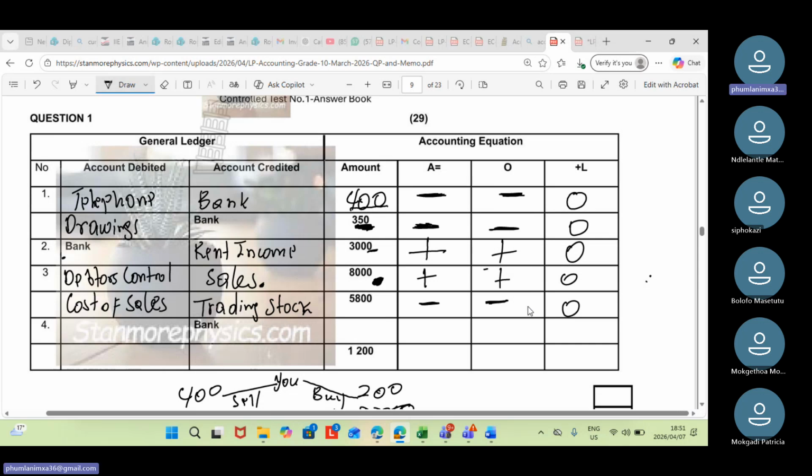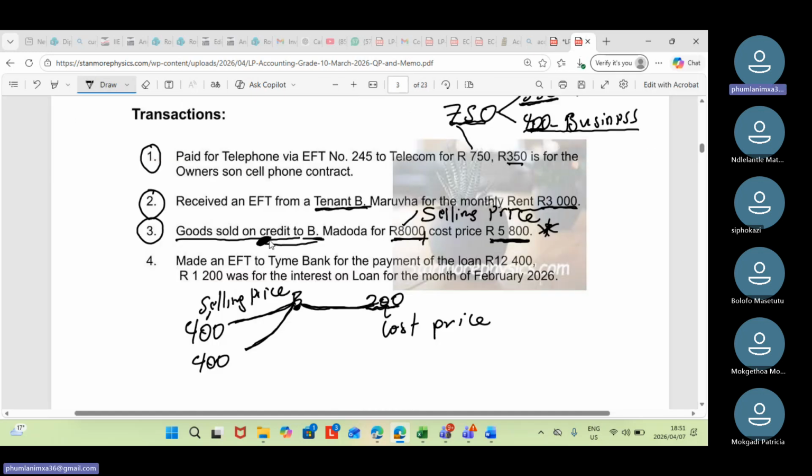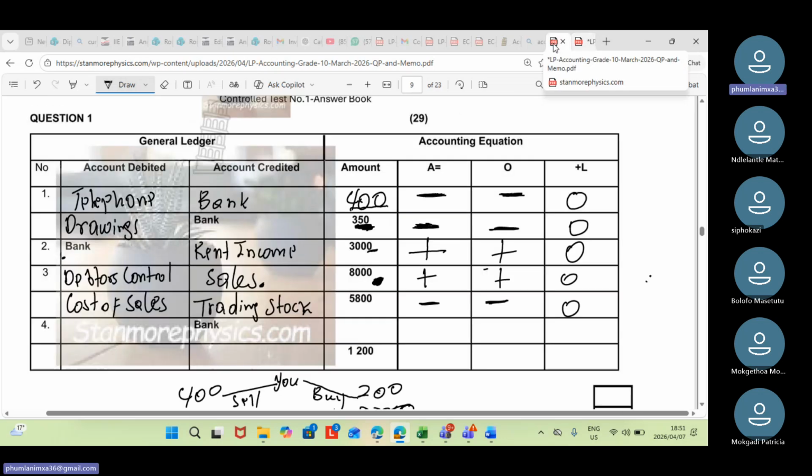So guys, I want to add one more point here. It's either you sell goods cash or credit. But here we sold goods how? Goods were sold on credit. Can you notice that if goods are sold on credit, debtors control will be the account to be debited.